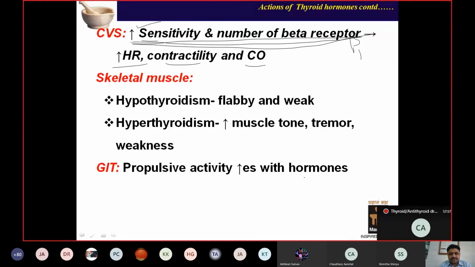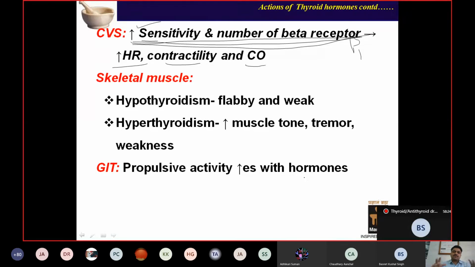There will be a decrease in propulsive action, so the patient will complain of constipation, and malabsorption of vitamins and nutrients. Yes, constipation is one of the symptoms of hypothyroidism.